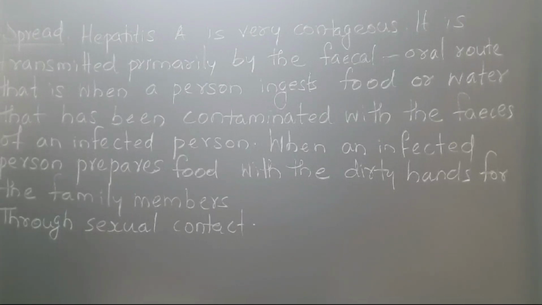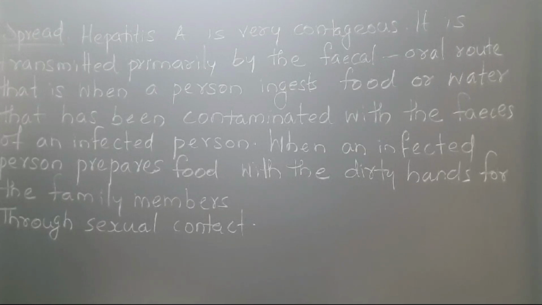That is, when a person ingests, meaning consumes or takes in, food or water that has been contaminated with the feces of an infected person, then we may get hepatitis A. When an infected person prepares food with dirty hands for the family members, we have to be very careful.